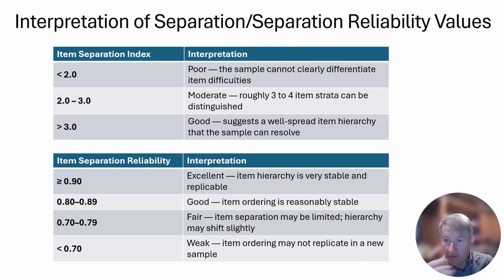And at the bottom end, if we are observing reliability values below 0.70, that's considered weak. In those situations, we might expect that the item difficulty ordering that we observed in one sample may not replicate in some new sample of different respondents.